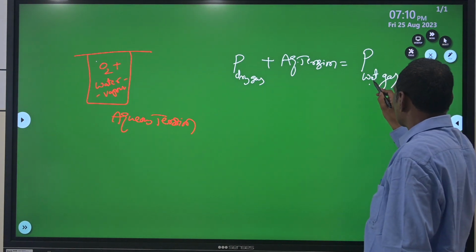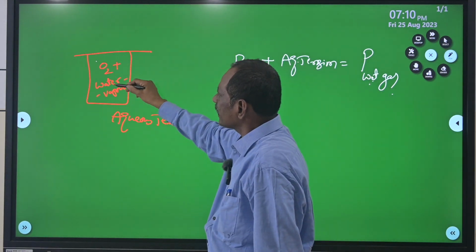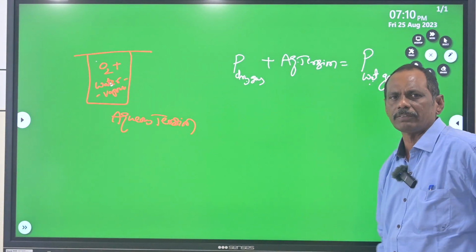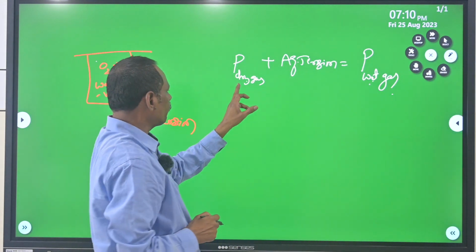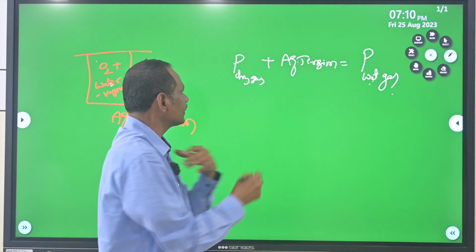So the pressure of wet gas is nothing but the pressure of dry gas plus the pressure exerted by the water vapor. The pressure exerted by the water vapor is called aqueous tension. Therefore, the pressure of dry gas plus aqueous tension is equal to the pressure of wet gas.